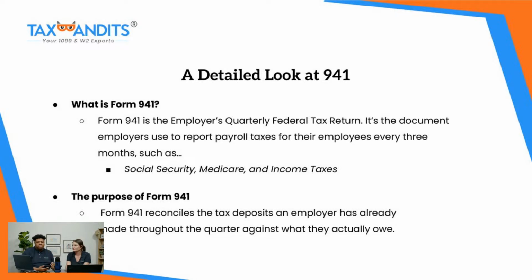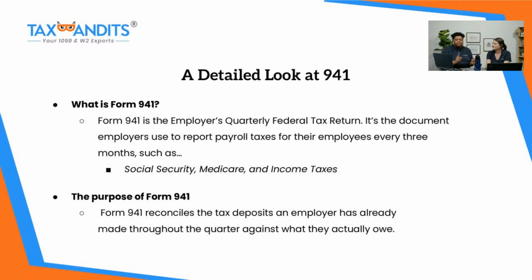It's the document that employers use to report payroll taxes for their employees every 3 months, or every quarter, such as Social Security, Medicare, and income taxes. Yeah, you can basically think about it like your quarterly payroll tax report card. You're telling the IRS what you withheld and what you owe. It covers the Social Security, Medicare, and federal income tax. Yes, that's a great way to put it.